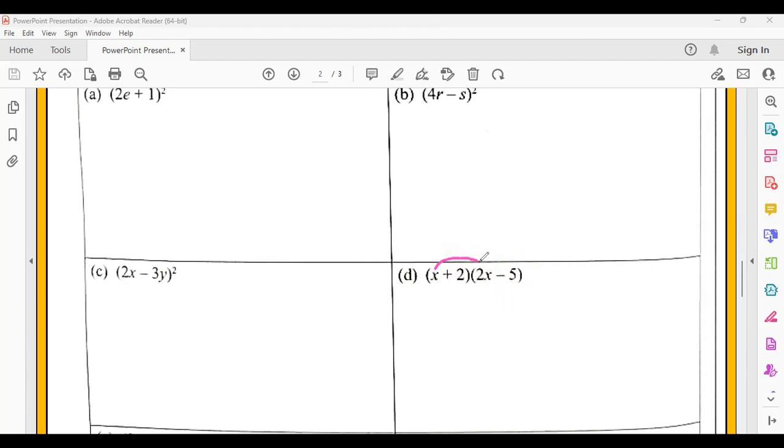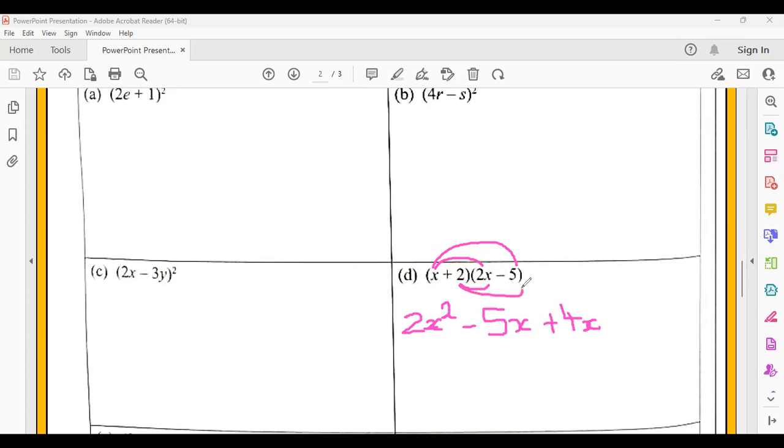So the first one will be x times 2x, and I'm going to get 2x squared. And then x times negative 5 is going to be minus 5x. And then 2 times 2x, positive 4x.